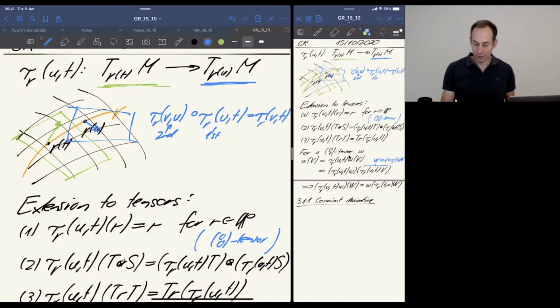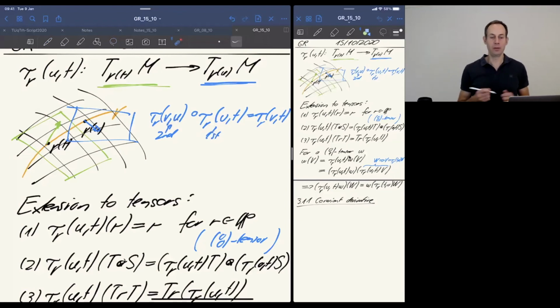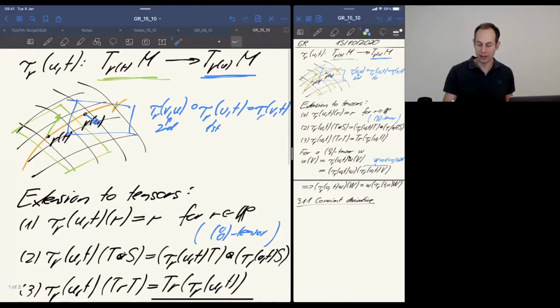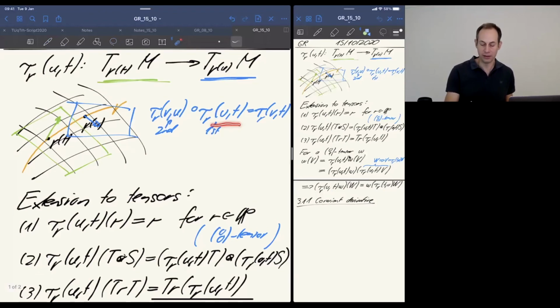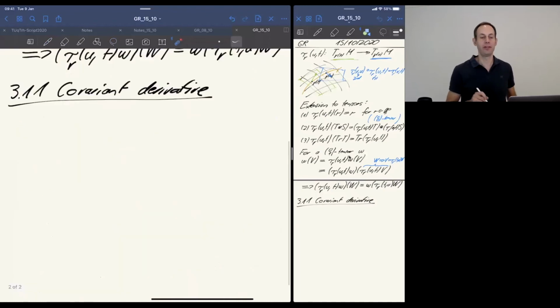And now you see it makes sense because you read these things from right to left. The composition here connects this U with this U, so to speak. So you could see it as being notationally consistent with the usual notion of writing composition of maps from right to left. Therefore, we write the arguments from right to left. I hope that answers the question.